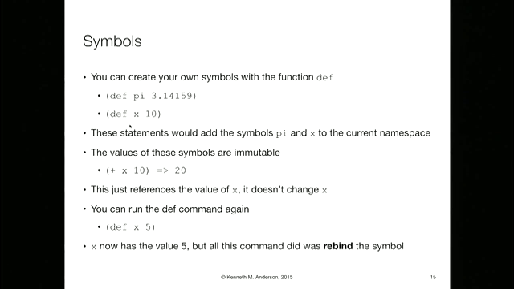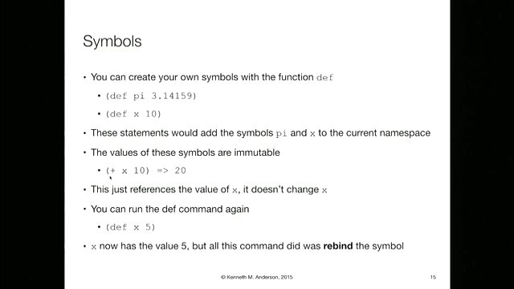We saw that we can create our own symbols by using the def, and this binds the symbol to a particular value. You can always rebind the symbol if you want. But we were starting to discuss last time that these values, once you create one of these values, like this 10 or this 3.14, those things are immutable. And so when you switch binding, if you say def pi equals this, and then you say def pi equals 3.1 or something like that, which wouldn't be a great value for pi, it just rebinds the symbol to the new value.